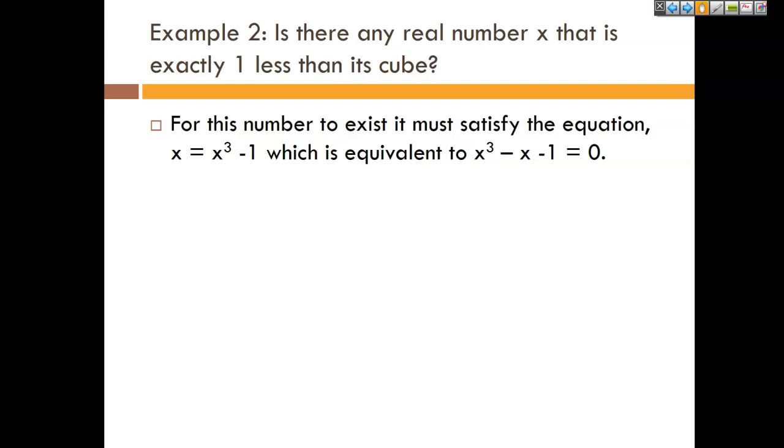If you leave it in the original form, x equals x cubed minus 1, that factors as (x minus 1)(x squared plus x plus 1), which doesn't truly help me.